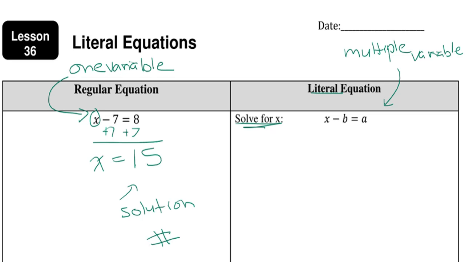When I solve for x here, I want to get x by itself. I have to move this b, right? Just like I had to move the 7. So I'm going to, again, use inverse operations. If I'm going to move this to the other side of my equal sign, I need to use inverse operations. Now, here's the big difference.